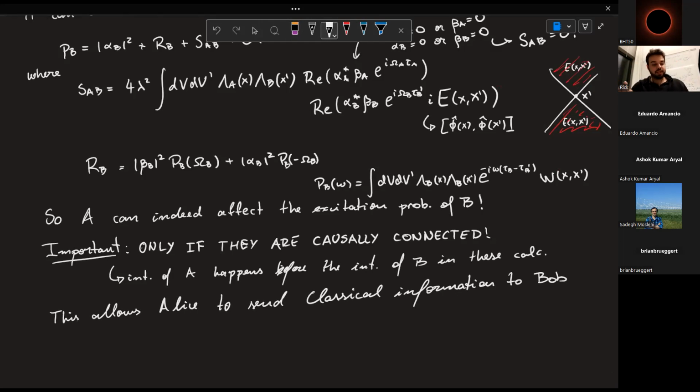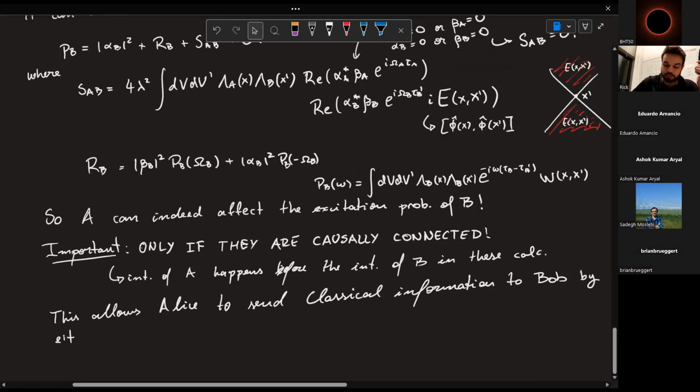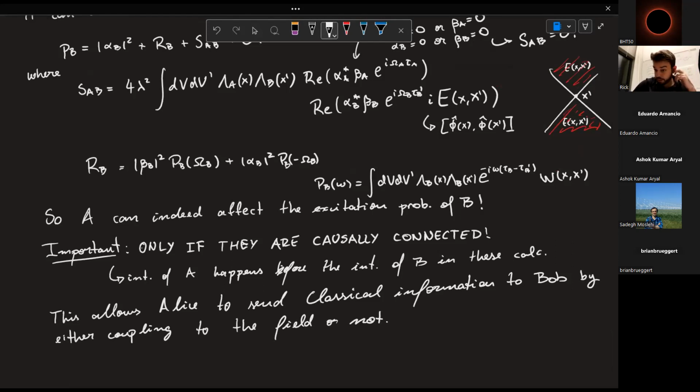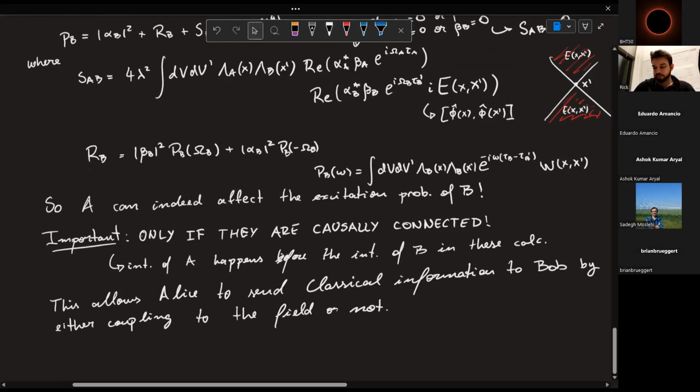Basically, the idea is that you can send information by either coupling to the field or not. Now if she decides to couple, then Bob's excitation probability is going to change. And if she decides to not couple, then Bob's excitation probability will remain the same. Okay.